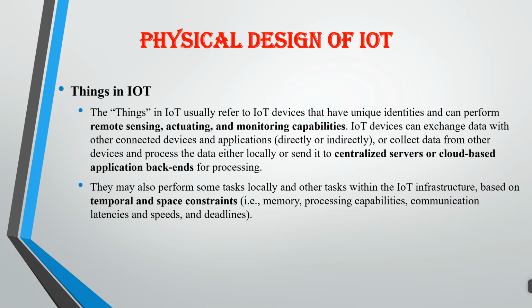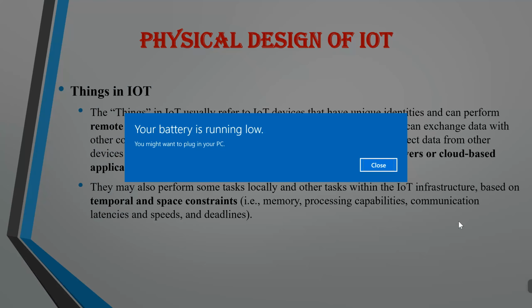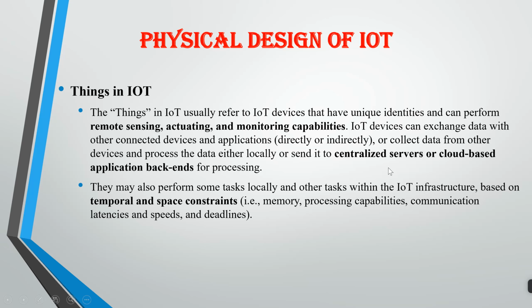For example, I have my car, and this car is going to give me a harmful alarm. When I get a harmful alarm from my car, I will be at a remote place.